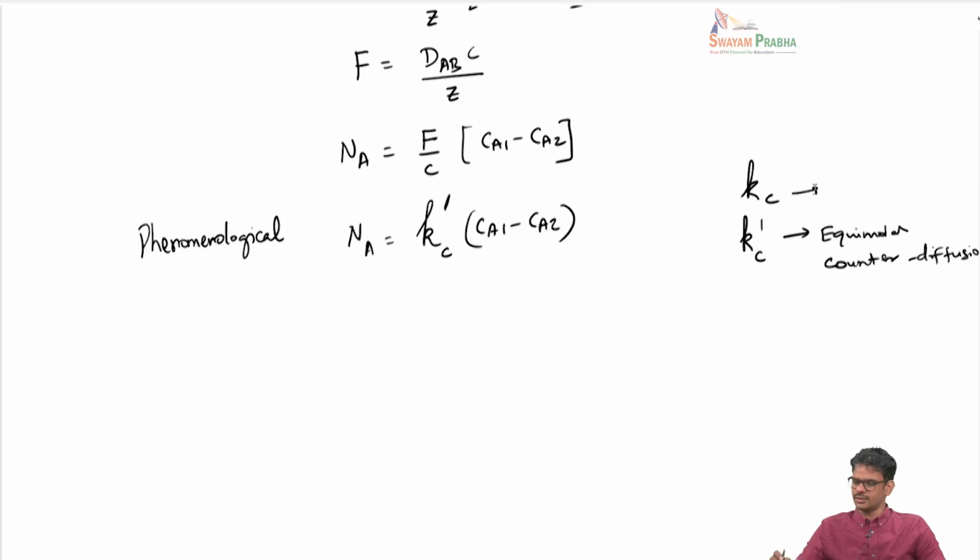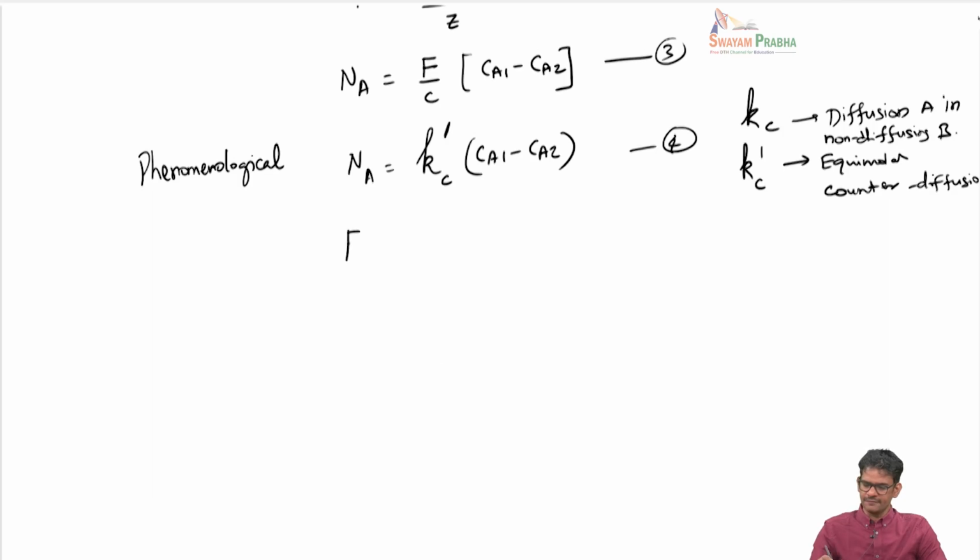And this is for diffusion of A in non-diffusing B. So, between these two equations, we can relate and see the relationship between F and Kc prime.